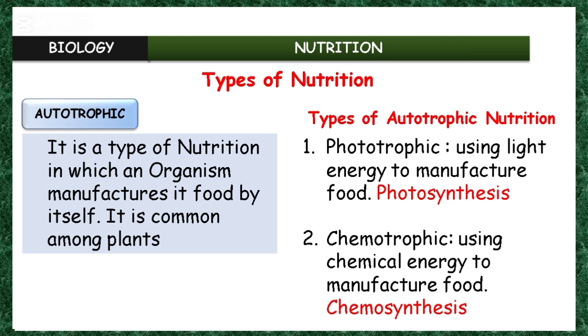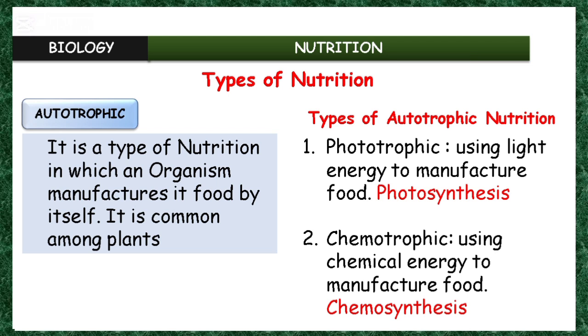While the second one is chemotrophic or chemosynthesis. So the phototrophic is actually the same as photosynthesis, while the chemotrophic is more of chemosynthesis. Photosynthesis uses light energy, while the other is chemosynthesis.